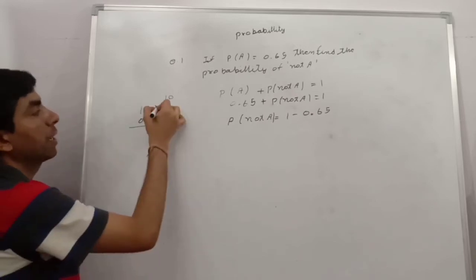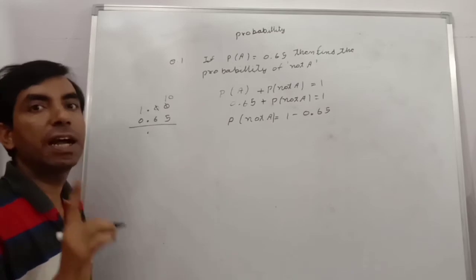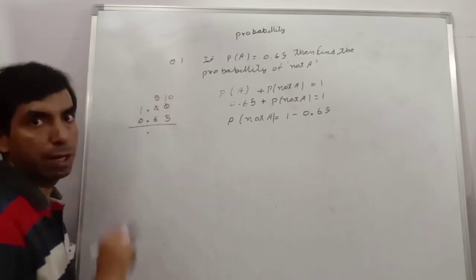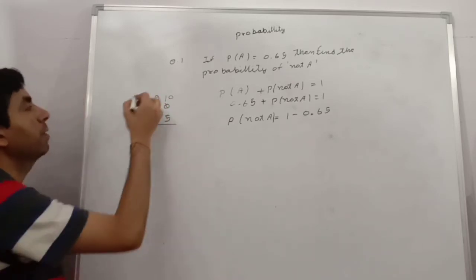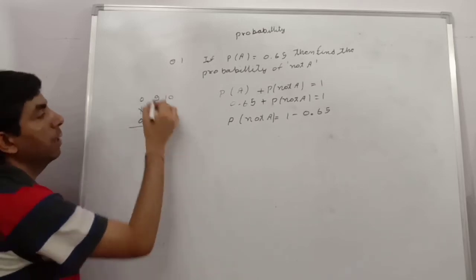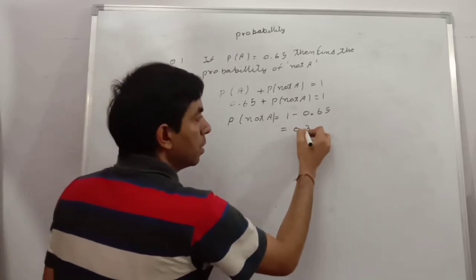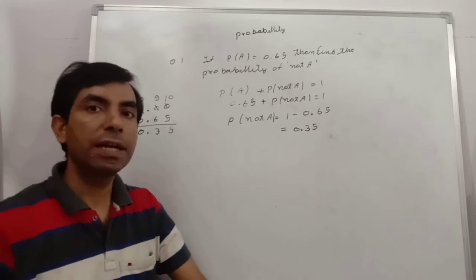In the previous place, again 0. If the previous number is 0, then we write 9 there, and 1 is subtracted from the previous number. So we subtract 1 from 1, then here we get 0. So 10 minus 5 is 5, 9 minus 6 is 3, then our answer is 0.35. It is our probability of not A.